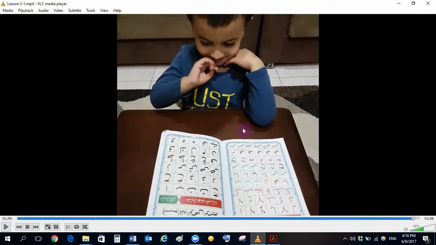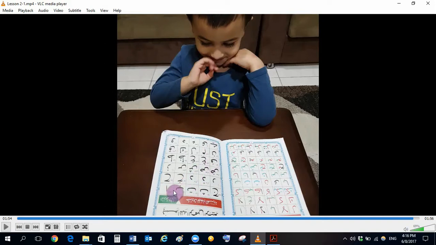Alright, so by this, the teacher is sure that his student has read the whole lesson. He recognized the whole letters, all of the letters. He pronounced them very well. So when doing the revision, he makes sure that all things are as expected regarding the first lesson.